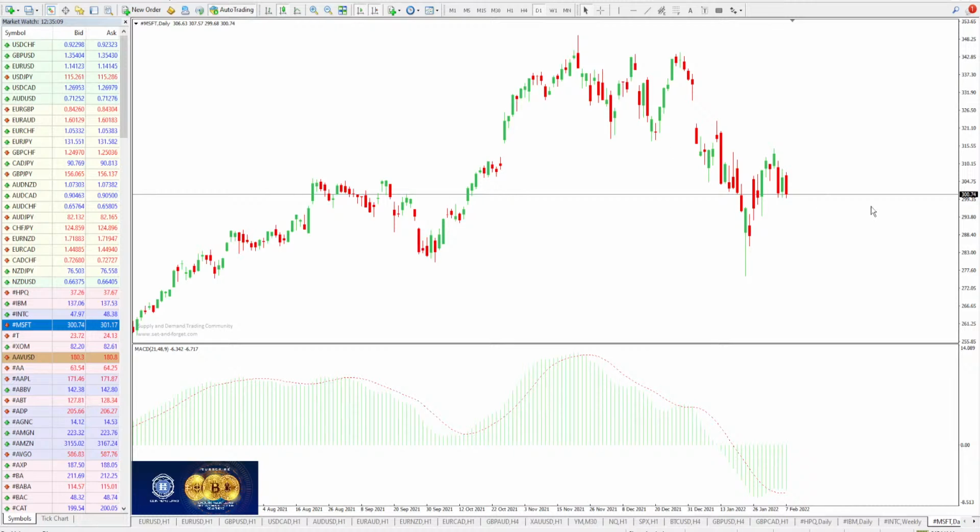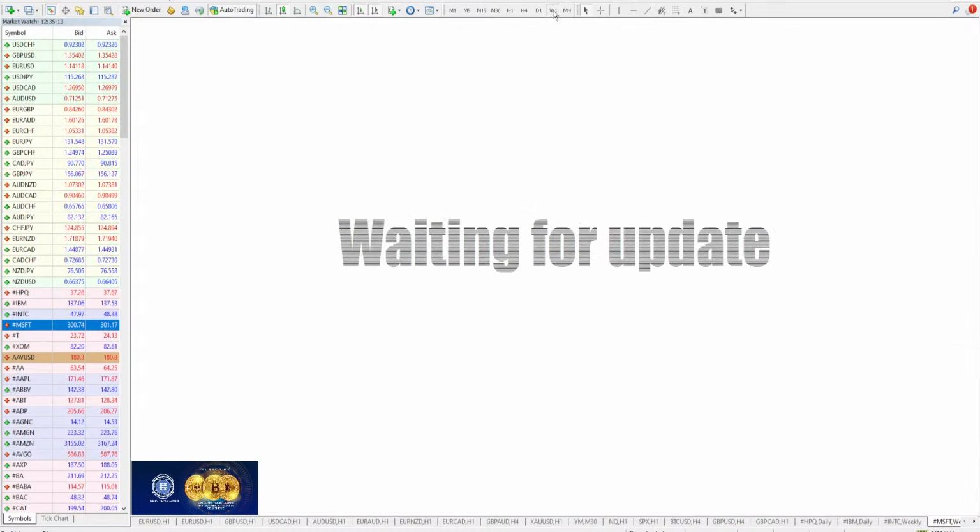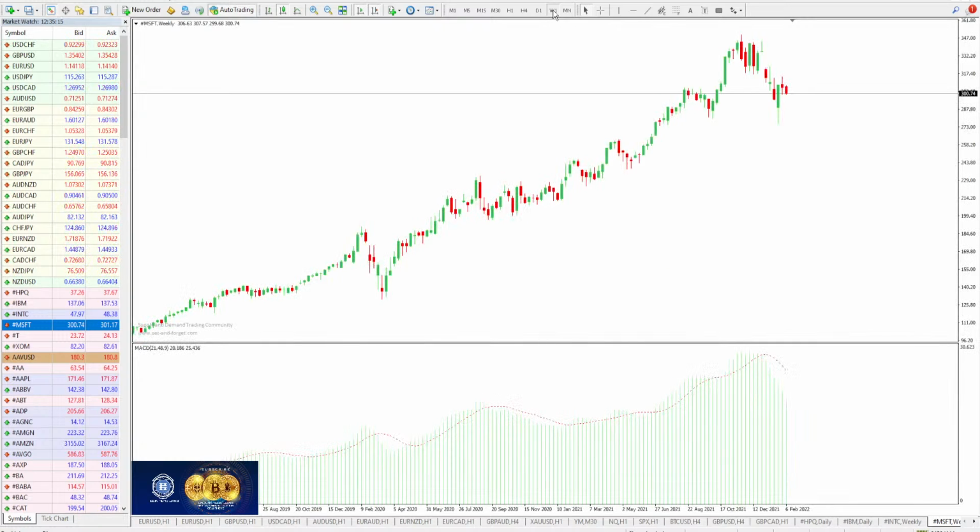Microsoft going down a little bit. You can see this drop is very well shown in the indices. I don't think this is gonna break this low.